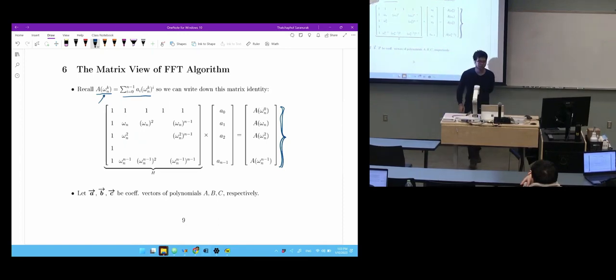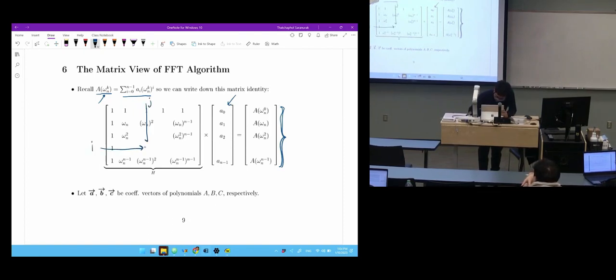What is this matrix and vector? Well, the vector here is just the coefficients of A. And what is this matrix? It's a matrix such that at the ith row and jth column, I put omega_n to the i times j.